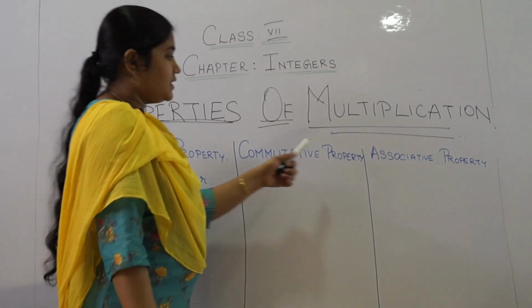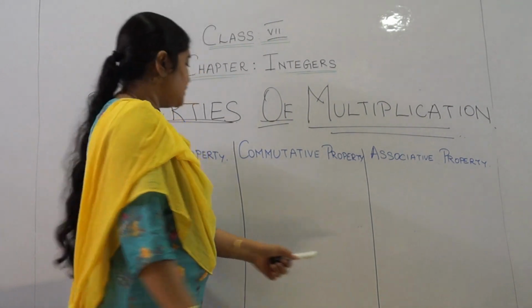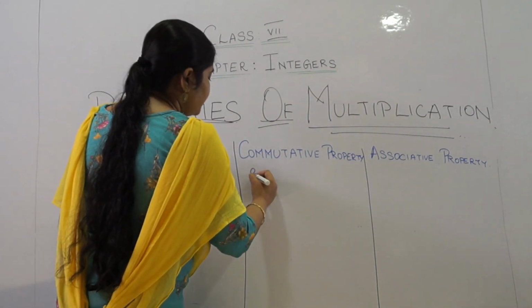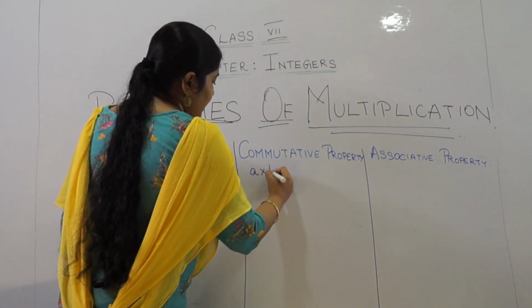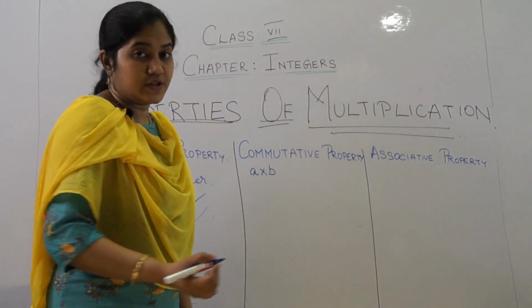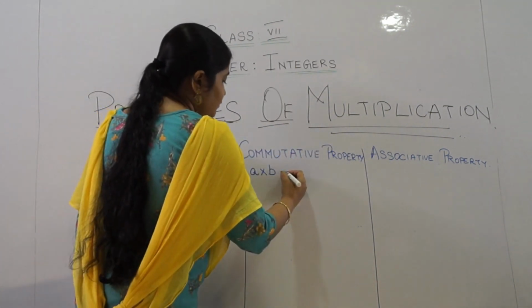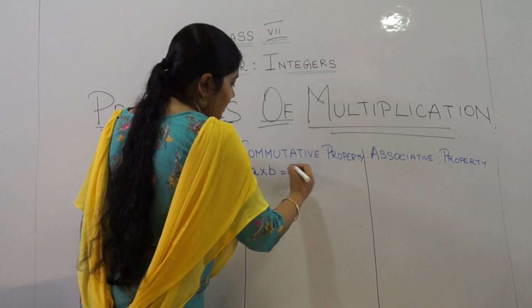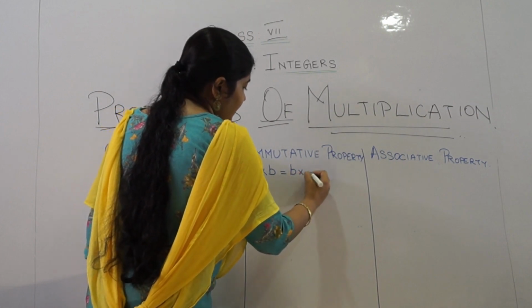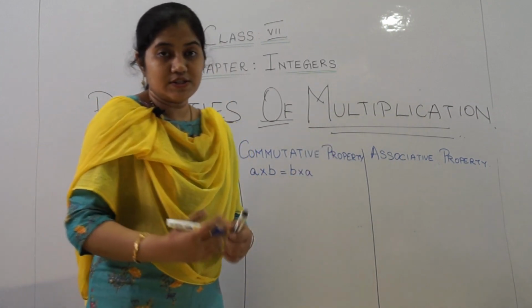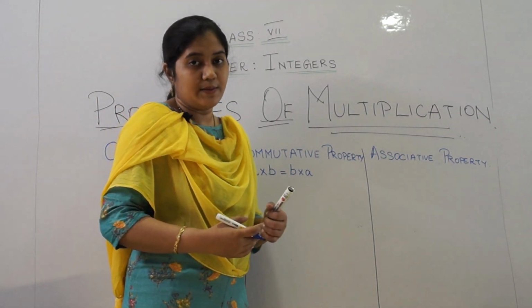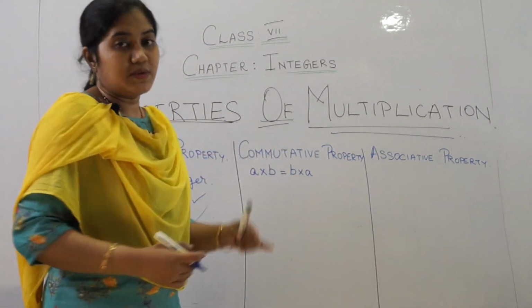The second property is the commutative property. When I have two integers a and b, a into b should be equal to b into a. In whichever order they are multiplied, the answer should remain the same.